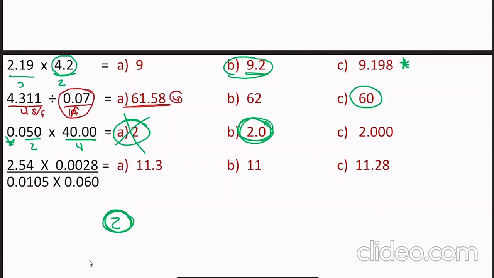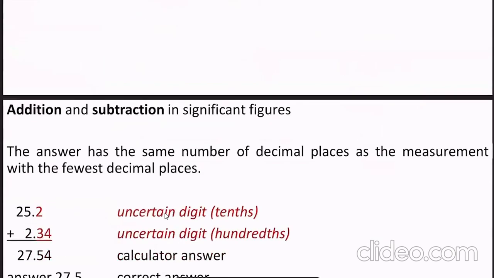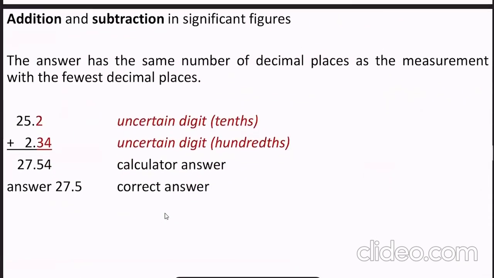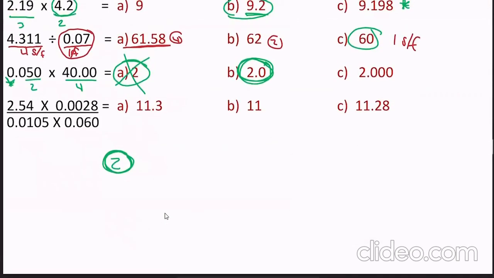This has 4, this has 2, and because I don't see the decimal point over here, I don't have to count that 0, and I have one significant figure. I know that it's 60, but as far as significant figures go, I don't have to include that 0. Does that help, Darlene? Okay, perfect.